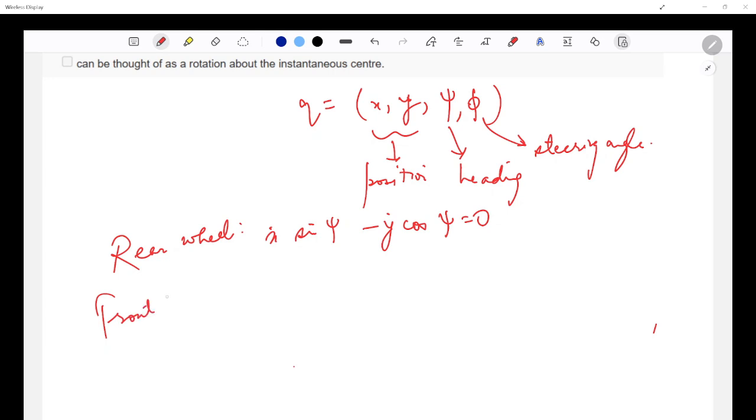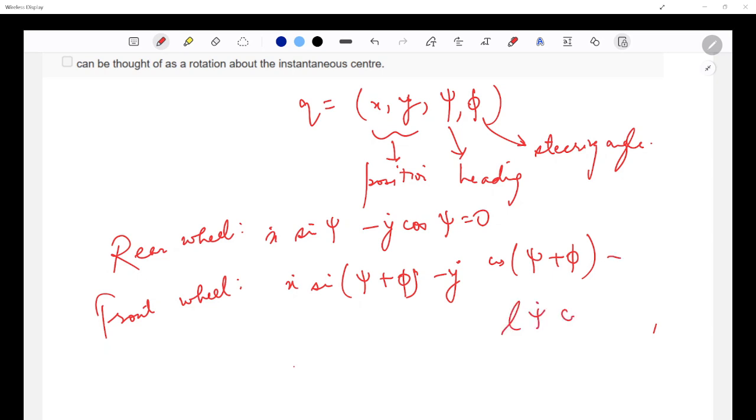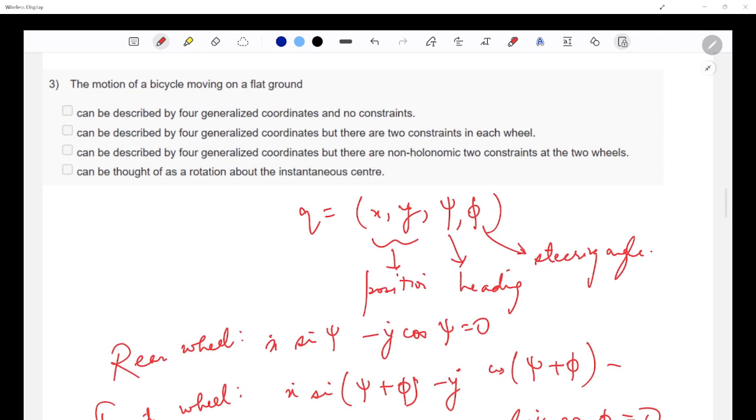And for the front wheel constraint, we have x dot sin(psi plus phi) minus y dot cos(psi plus phi) minus L psi dot cos phi is equal to 0. So in total there are 2 constraints, 1 per wheel. Okay, and both are non-holonomic. So the key insight here is there are 4 coordinates, there are 2 constraints, and they reduce the velocity freedom.